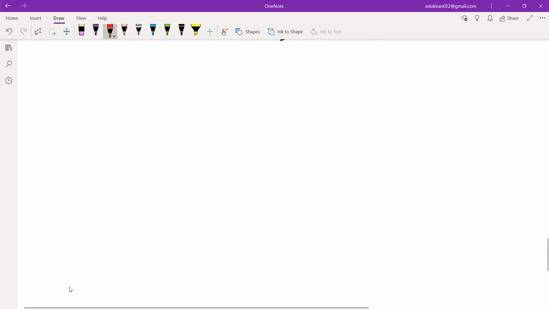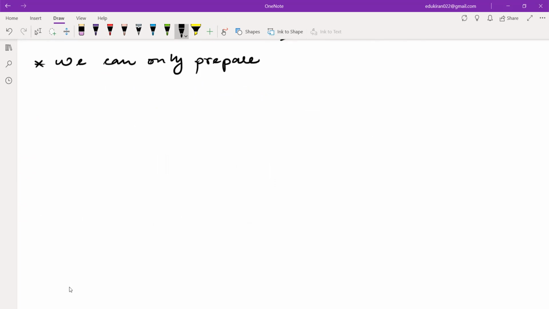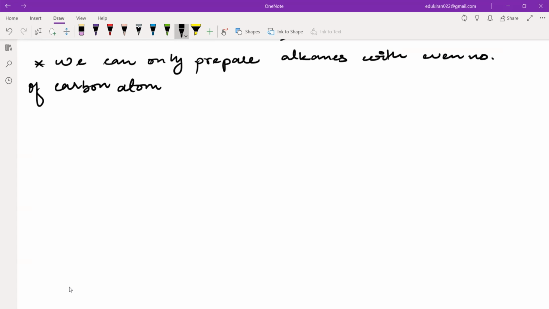So moving on to a point, let's say a problem here. What is the problem with this type of preparation is that we can only prepare alkenes with an even number of carbon atoms.